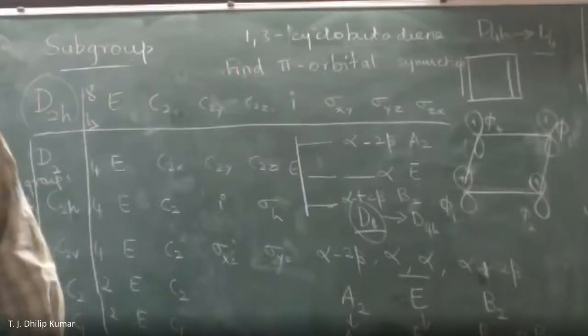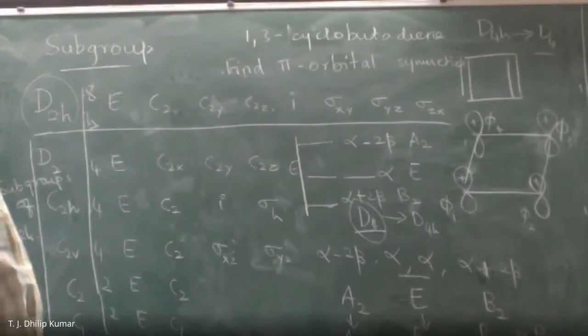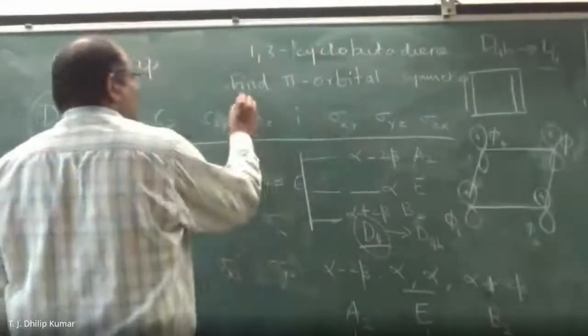Maybe I have to reframe the question. You have to find the pi orbital symmetries using Huckel's method. This method is suitable for finding the energies and symmetries, because we can find the symmetries in a qualitative way also, but by that we can't find the energies.